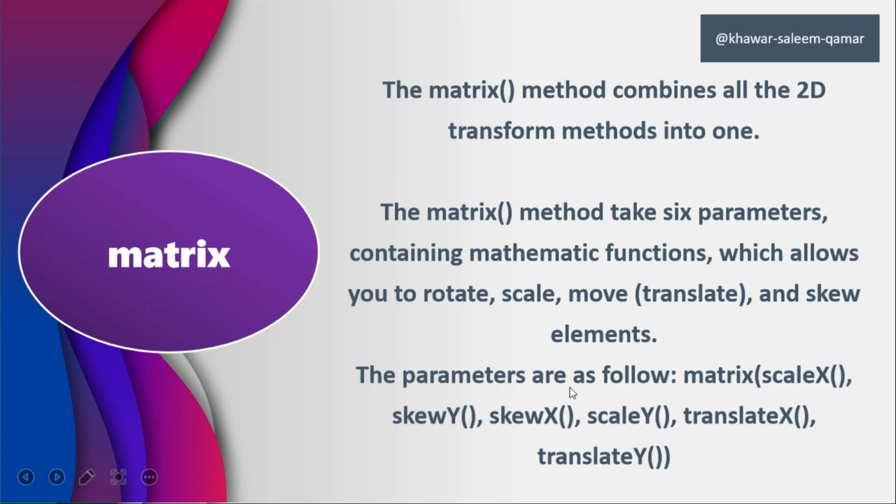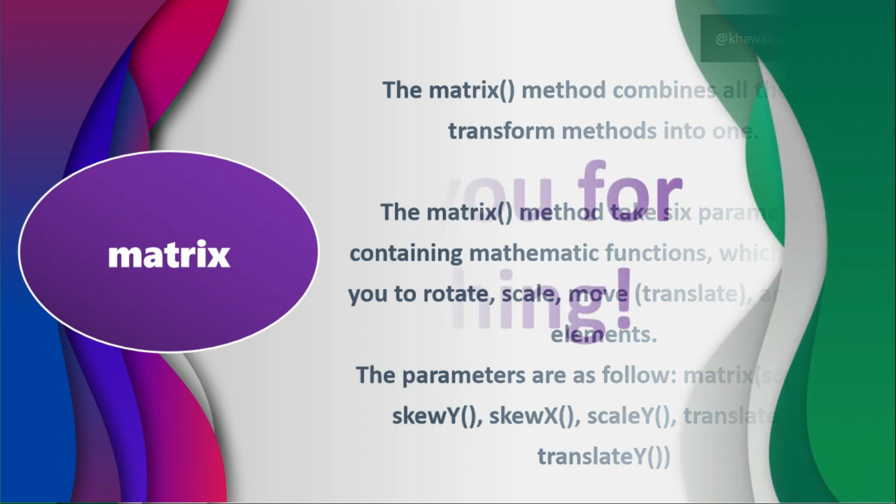The order of these values in this function is really important. As you provide all these values inside it, it applies those transformations to that element at the same time. So this is the way of using multiple transformations on a single element in a single line.